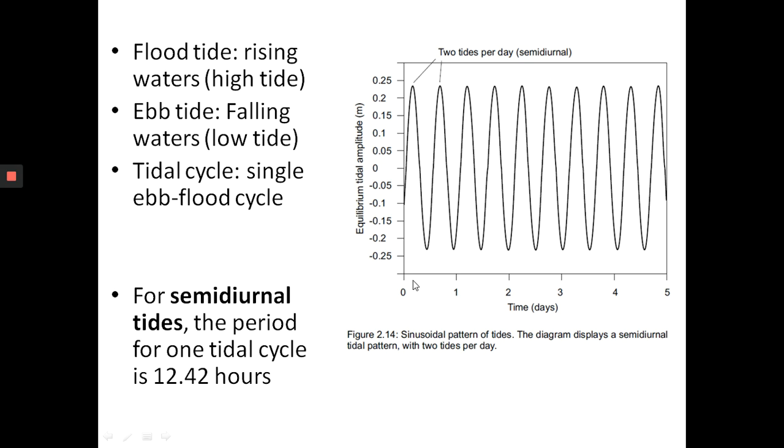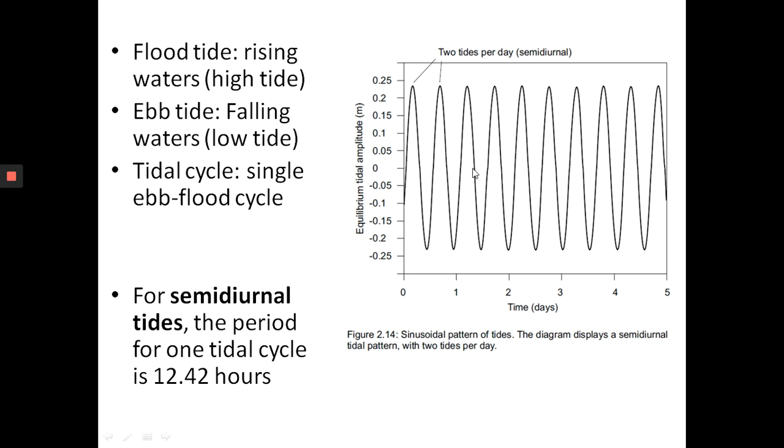Right? And you can make a graph for long periods of time here, and you can actually predict when the tide is going to happen in the future. Okay? So just to have a more detailed look here, you have a flood tide where your tides are rising until it reaches the high tide, and then you have an ebb tide, falling water until it reaches the low tide.